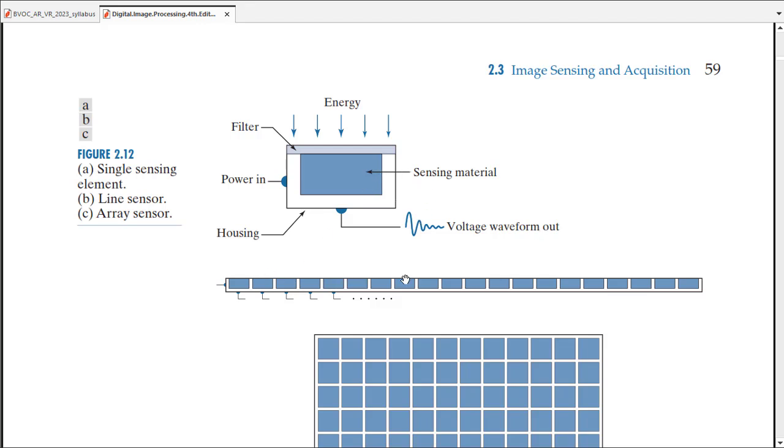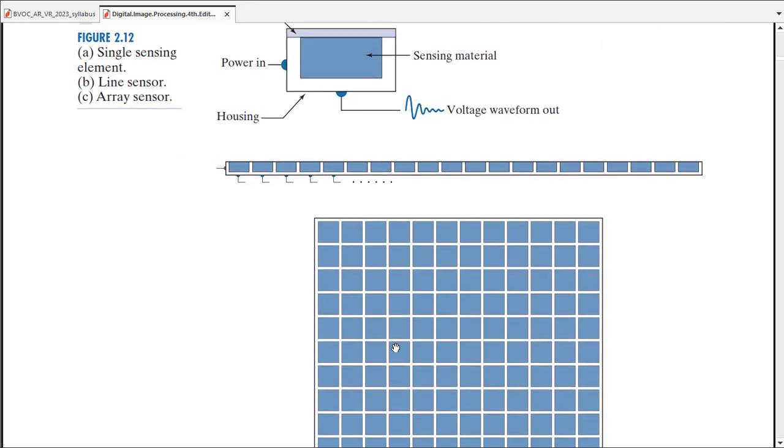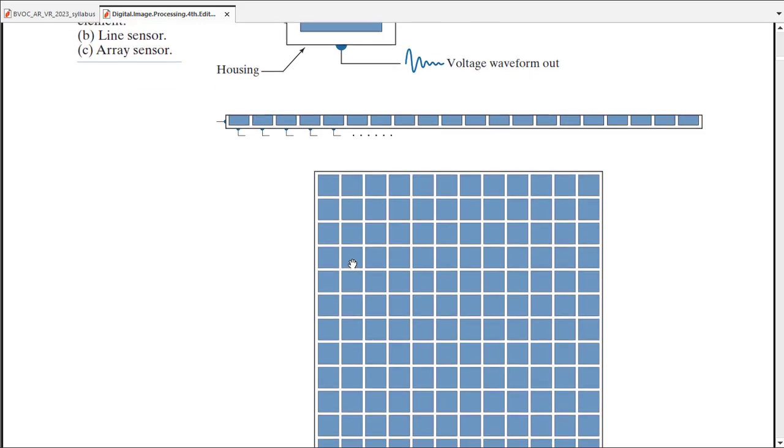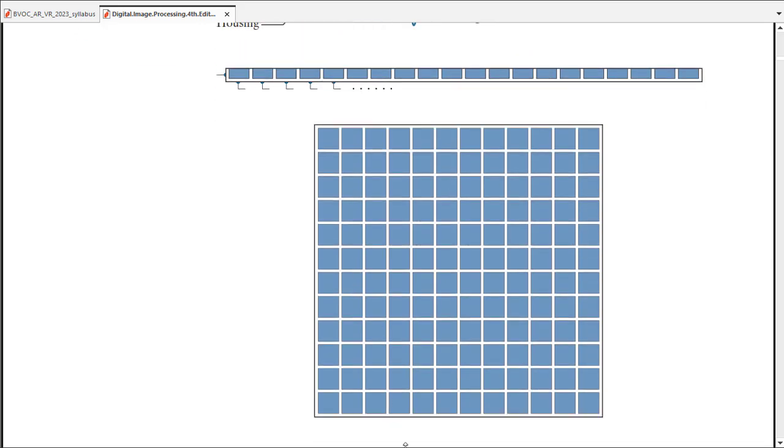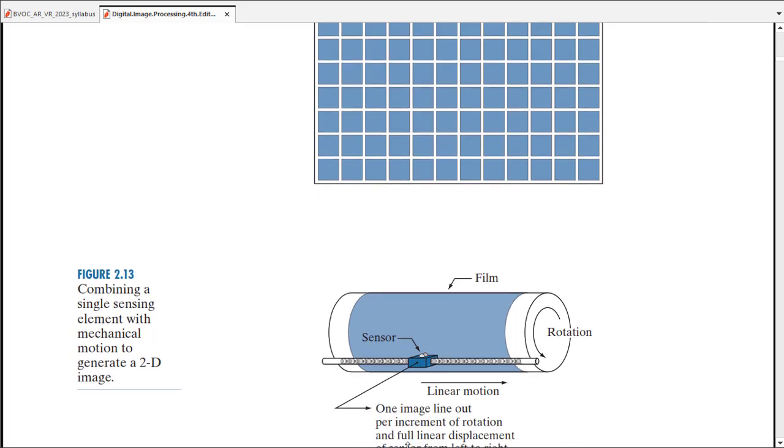This is a line sensor. The second picture shows the line sensor, and the third is the array sensor. There are three different types of sensing elements: single sensing element, line sensor element, and array sensor element. Array means both rows and columns. This combines a single sensing element with mechanical motion to generate a 2D image.